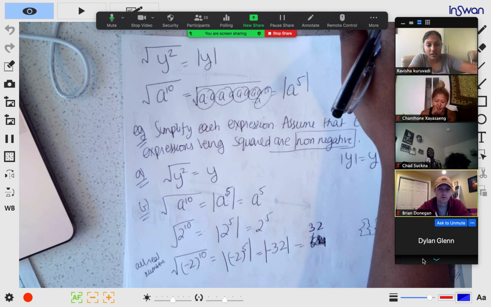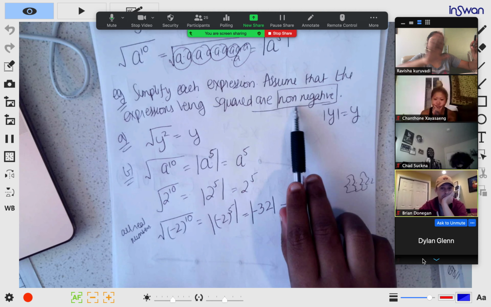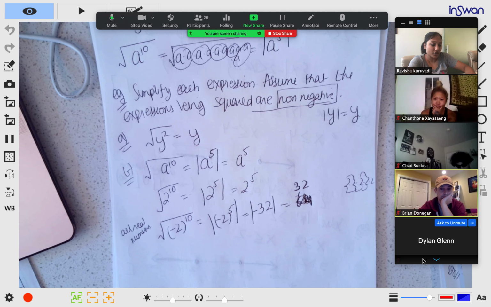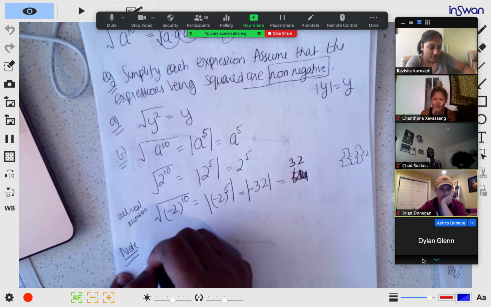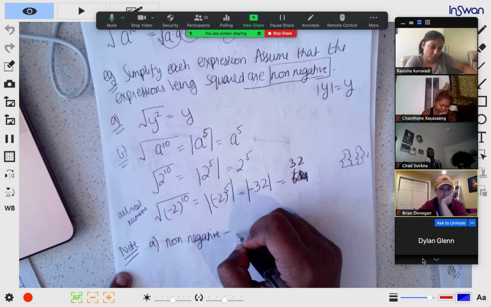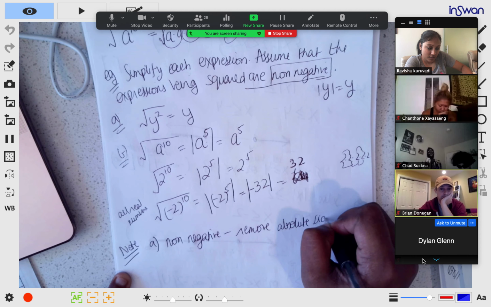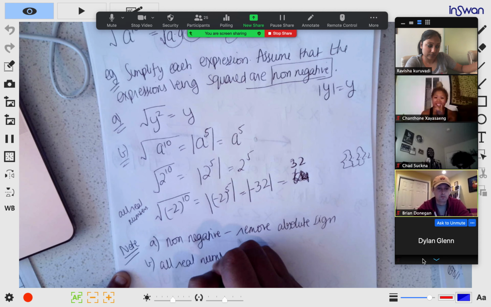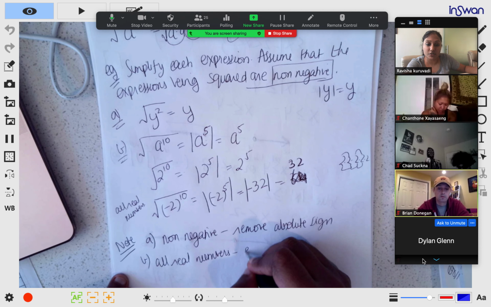So when it's all real numbers, make sure you put an absolute sign. When it's just non-negative, you can remove the absolute sign and whatever answer you have, that's your final answer. If you want to make a note for yourself: non-negative, remove absolute sign. All real numbers, check the power.